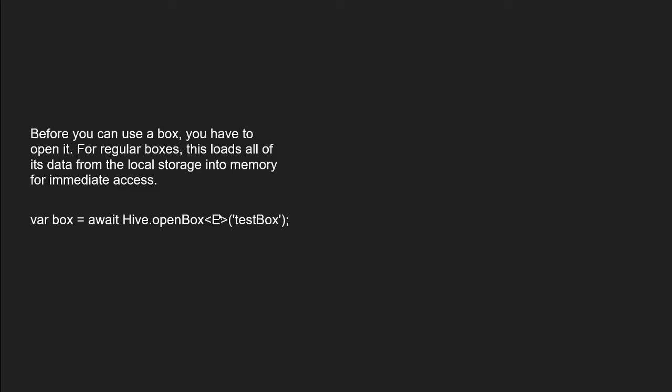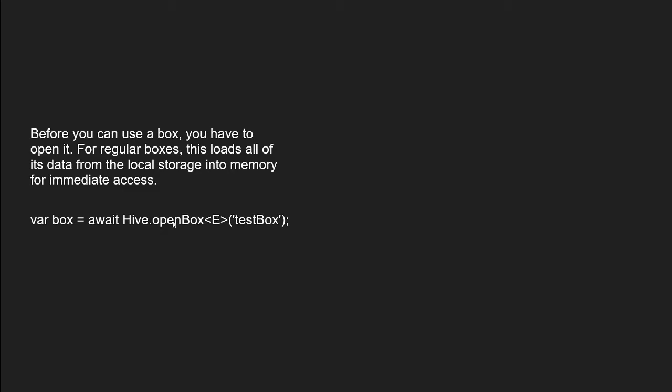The E within the brackets here is just generic, so this would be T in .NET. You just essentially pass in whatever type you want to retrieve from this box, so string, integer, a map of an object, etc. That would be what you pass in there.